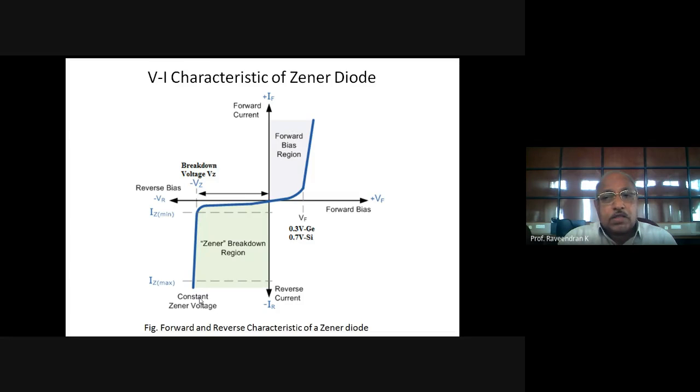That heat may damage the reverse biased PN junction permanently. That is why we always fix a minimum value for the breakdown current, that is Zener current, and a maximum value for the Zener current. So after the breakdown occurs, the voltage across the Zener diode will be almost constant, or practically constant.